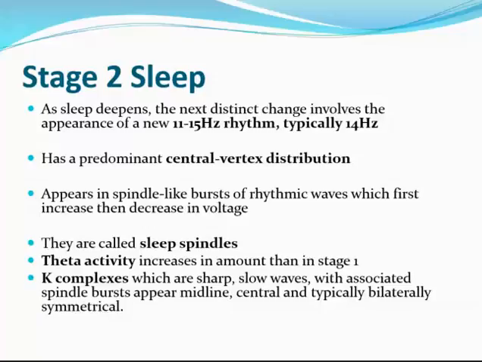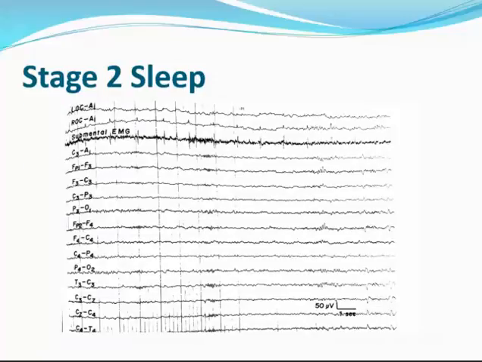Theta activity increases in amount compared to stage one. You may start to see K complexes as well, which are sharp, slow waves with associated spindle burst. They start to appear midline, centrally, and typically bilaterally and very symmetrical. In stage 2 sleep, we see here an appearance of 14 Hz central vertex rhythmic activity and vertex sharp waves.